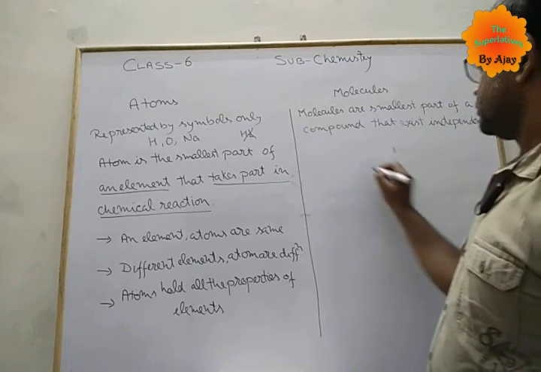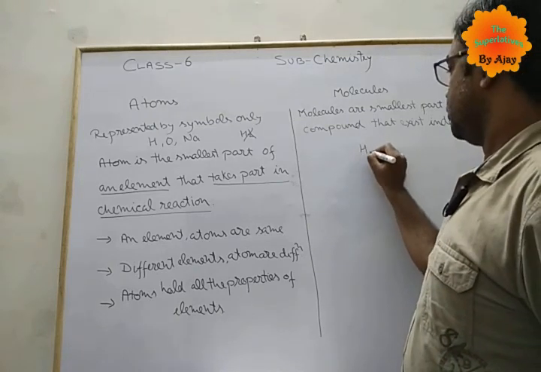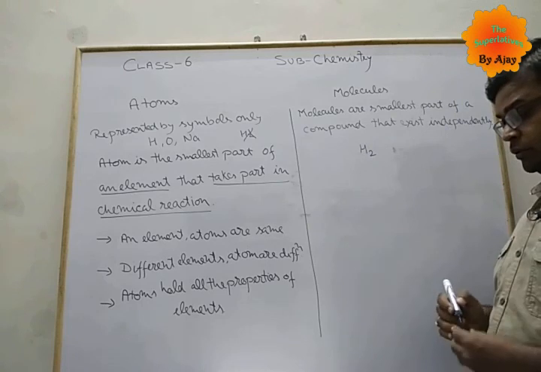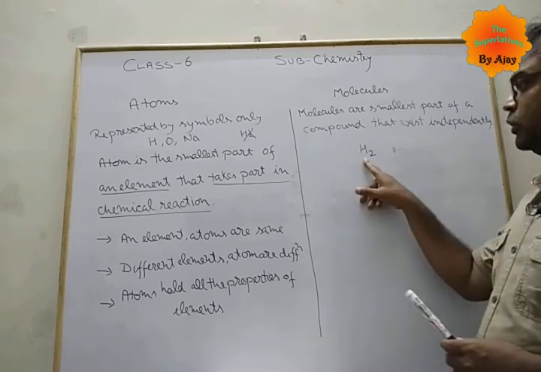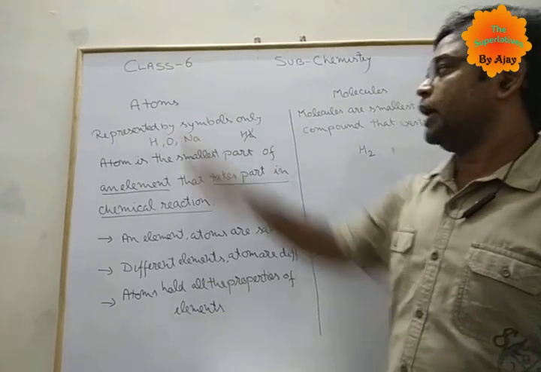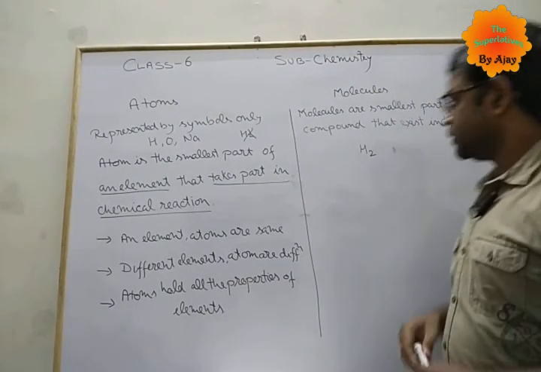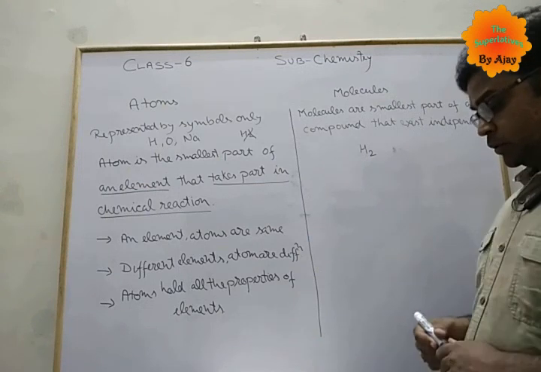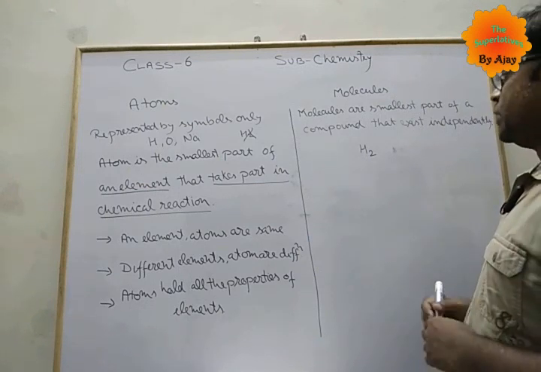For example, H2. This is the molecule of hydrogen. This H is a symbol of an atom, and H2 is the symbol of one molecule of hydrogen. This is known as a molecular formula.